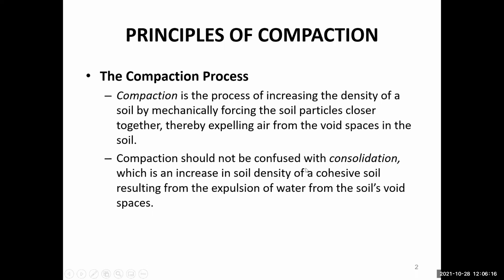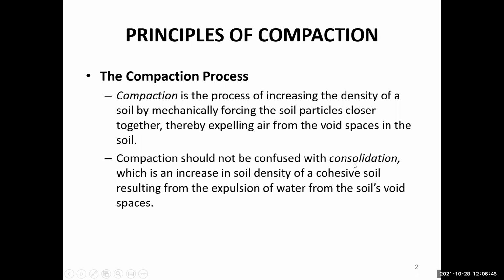Compaction should not be confused with consolidation, which is an increase in the soil density of a cohesive soil resulting from the expulsion of water from the soil's void spaces. The consolidation process mainly takes place in the cohesive soils, where the water is removed from the soil, and as a result, the soil consolidates.